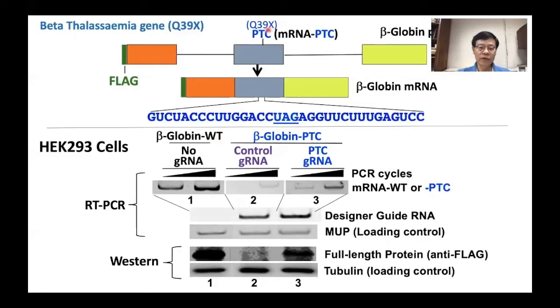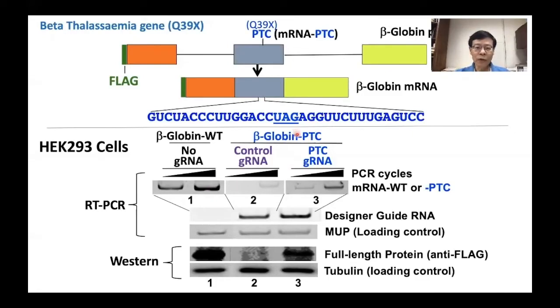We first did the control experiment and just transfected the HeLa HEC293 cells with this wild-type gene, and then measured the messenger RNA level by RT-PCR, and protein level by Western. As you can see, the messenger RNA and the protein are present in the cells in a very high amount.